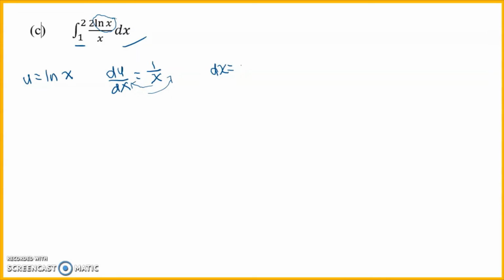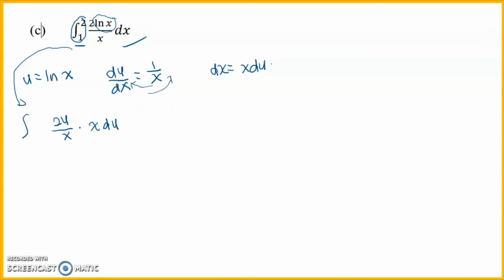So dx is equal to x times du. So we can rewrite this problem as 2u over x times dx, which is x times du. Since this is a definite integral, we need to apply the substitution to the integration limits also.